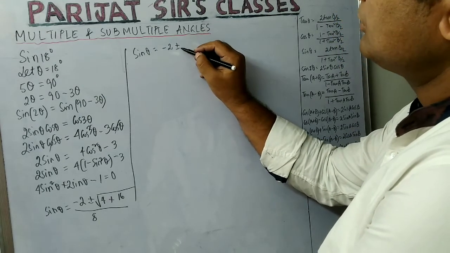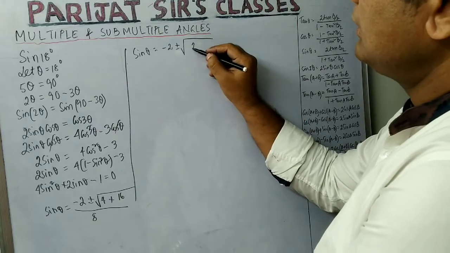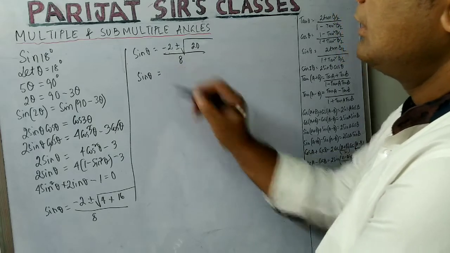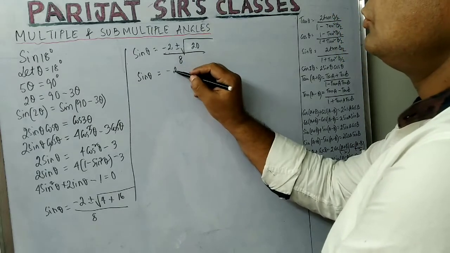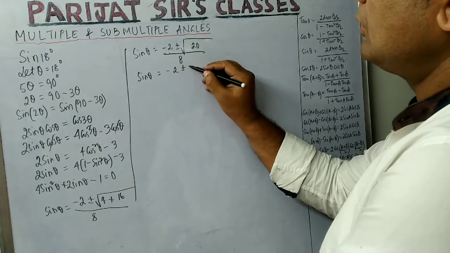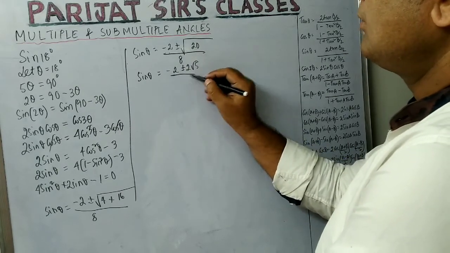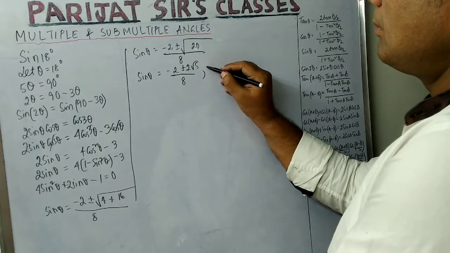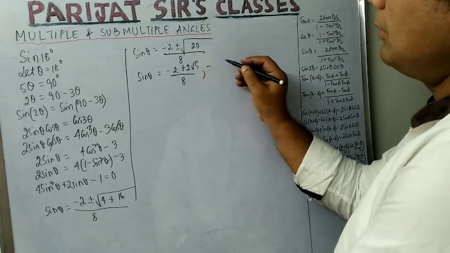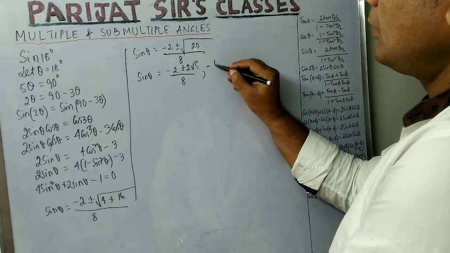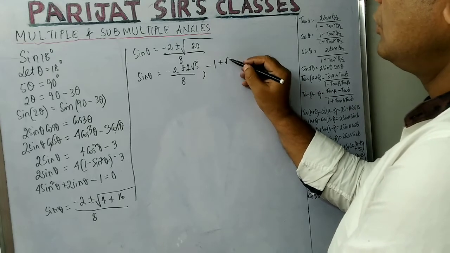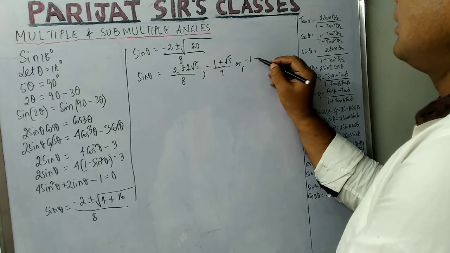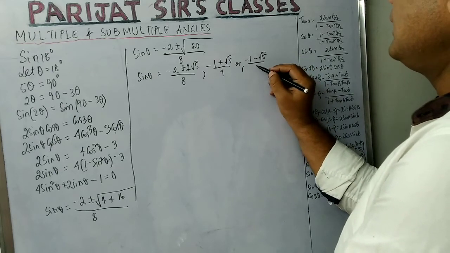minus 2 plus minus root over 20, by 8. So sine theta is minus 2 plus minus, 20 is 5 fours, so 2 comes out, 2 root 5, by 8. So there can be 2 values from here. If I cut 2 and 8 from up and down, it will be minus 1 plus root 5 by 4 or minus 1 minus root 5 by 4.